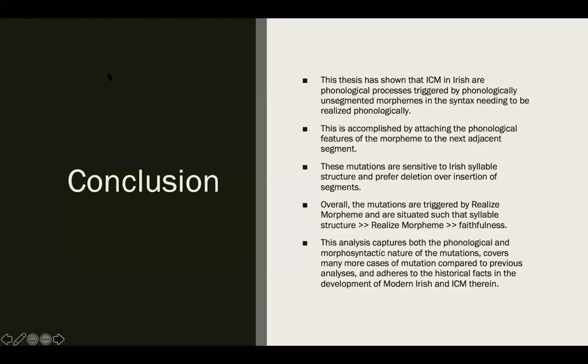So in conclusion, this thesis has shown that initial consonant mutations in Irish are phonological processes triggered by unsegmented morphemes in the syntax needing to be realized phonologically. This is accomplished by attaching the phonological features of the morpheme to the adjacent segment. These mutations are sensitive to Irish syllable structure.